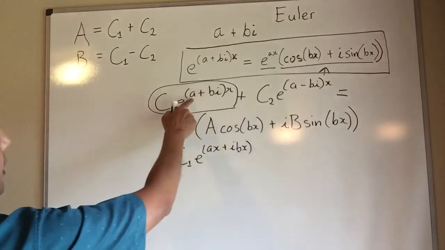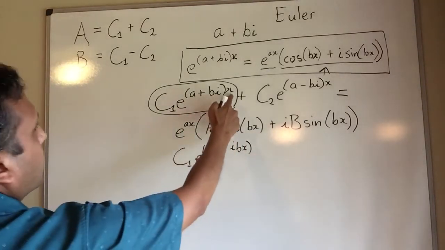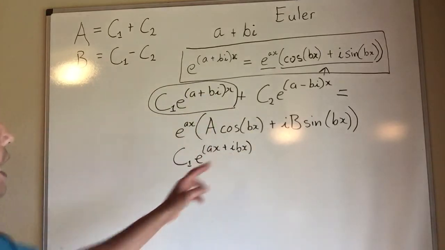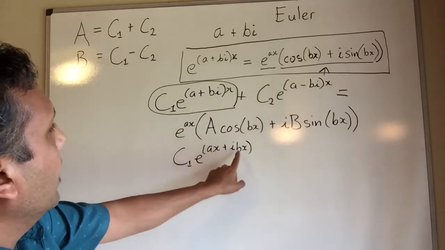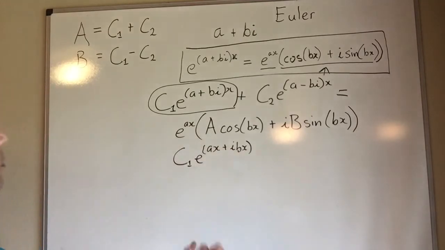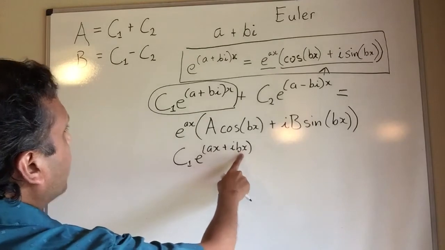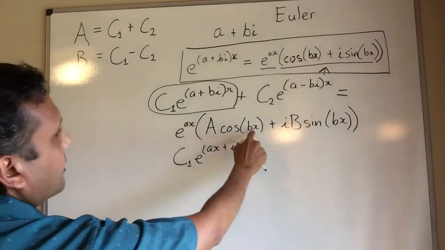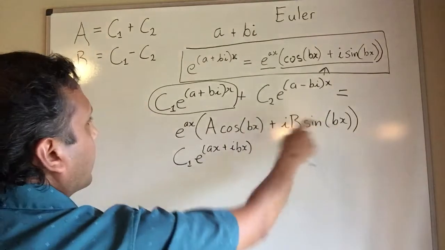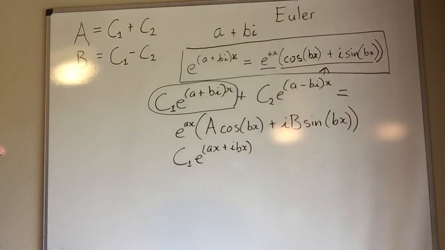So x multiplied by a gives me ax, and x multiplied by bi gives me ibx. I like to put the i before the following variables because this bx matches up with this expression inside the trigonometric parentheses, bx. It keeps it organized for me.